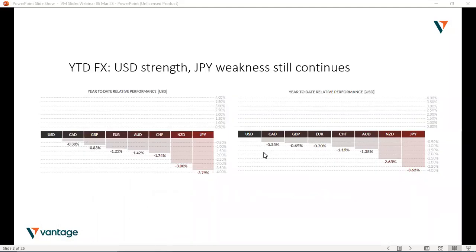Before I get on to all these charts from last week's data, or just a few charts, markets have really entered this week on relatively steady footing, I'd say. Strong end to last week from stocks.